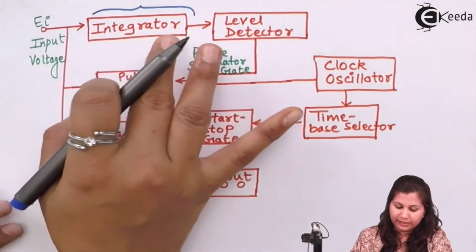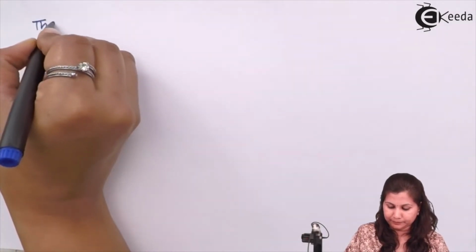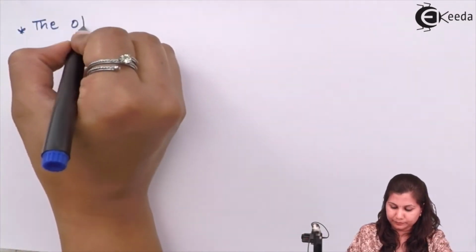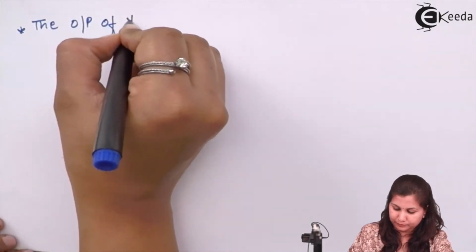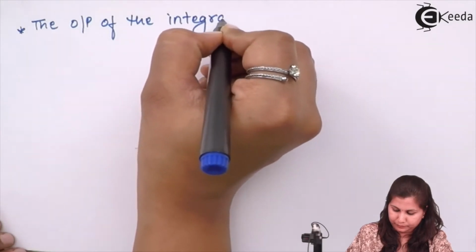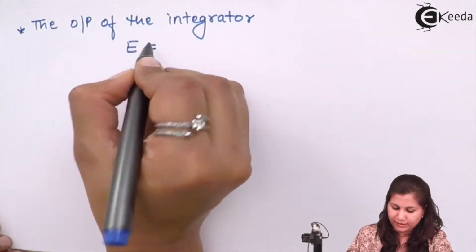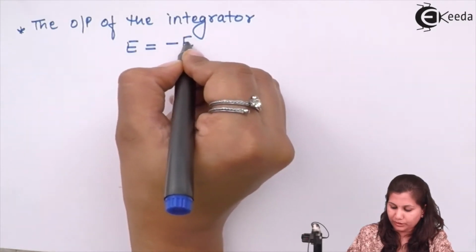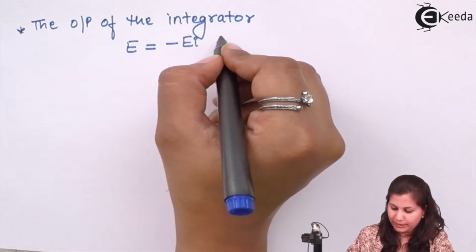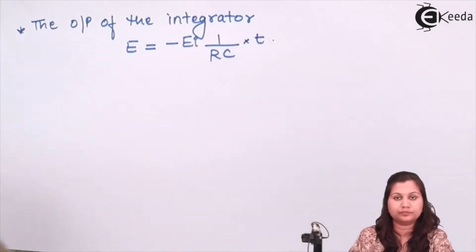So, the output of this integrator will be the voltage E, which is equal to minus of EI times 1 by RC into T.